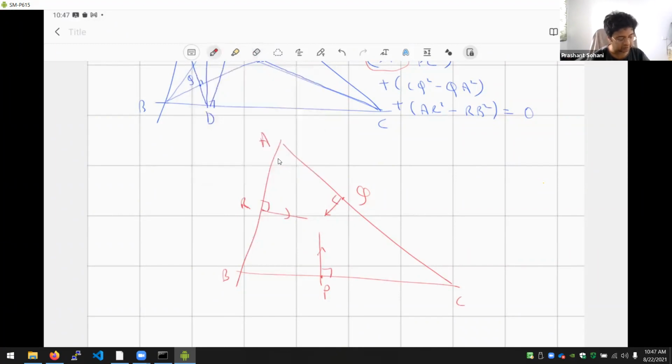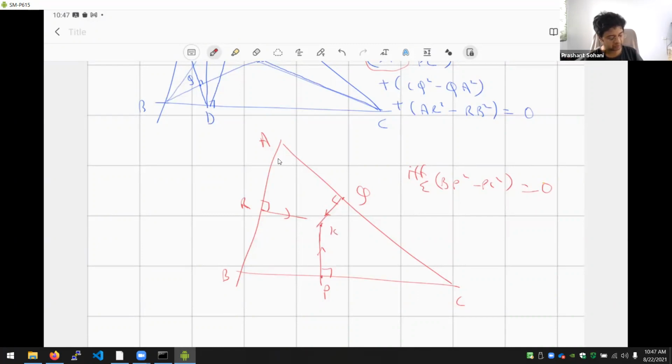Okay, so let us say they are meeting somewhere. They are concurrent if and only if this statement, whatever I wrote, PB square minus PC square, this summation, equals 0. So this is Carnot's theorem. And what is the proof of this? Suppose any two of them intersect at some point K. It's the same thing which we use all the time.